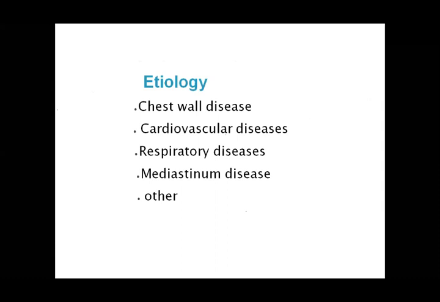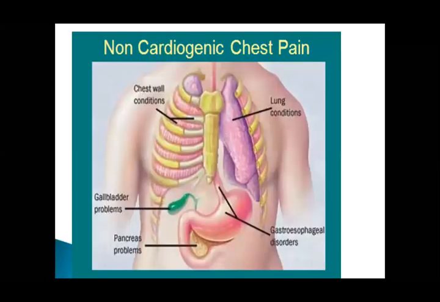Etiology will include chest wall diseases, cardiovascular diseases, respiratory diseases, mediastinal diseases, and others. All these diseases can be the cause of chest pain. For example, chest wall diseases, like a fractured rib or a torn muscle, affect the outer surface of the chest.